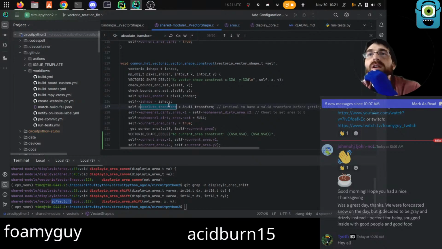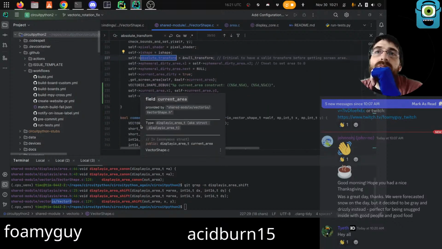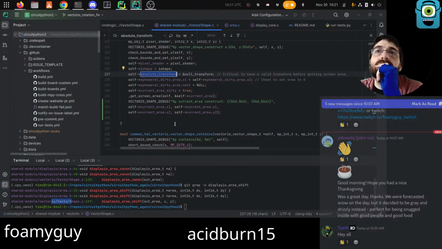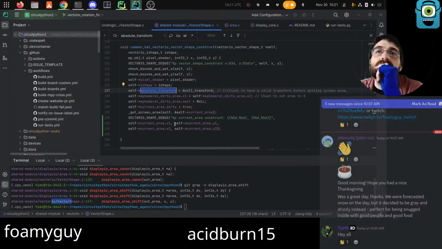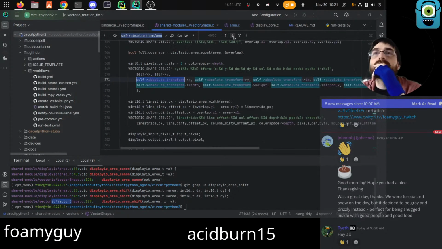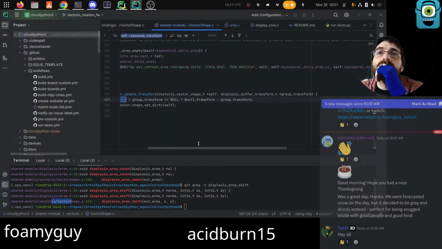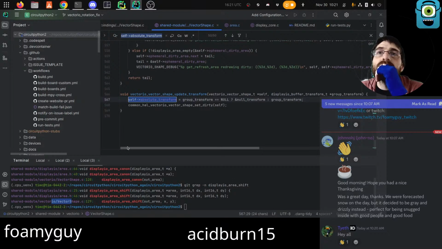Okay. Okay, so absolute transform starts as null. Update transform... Is this getting called?